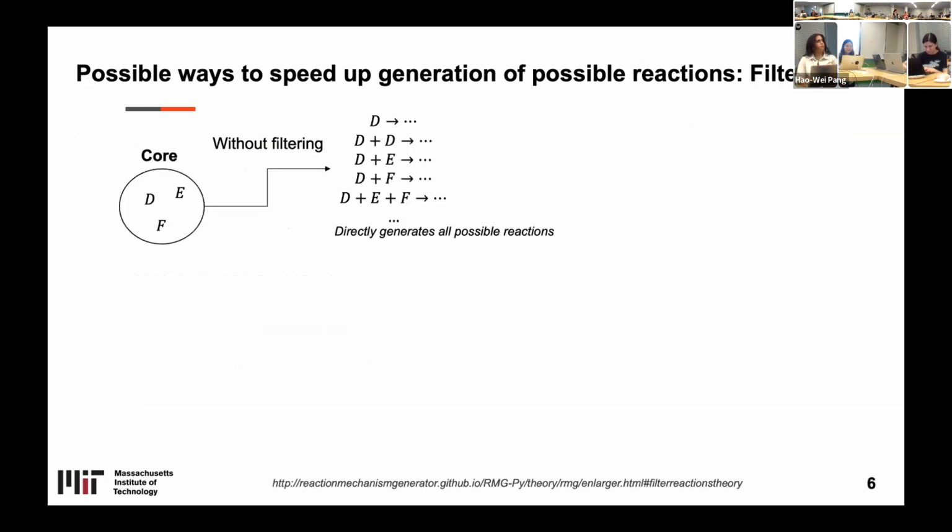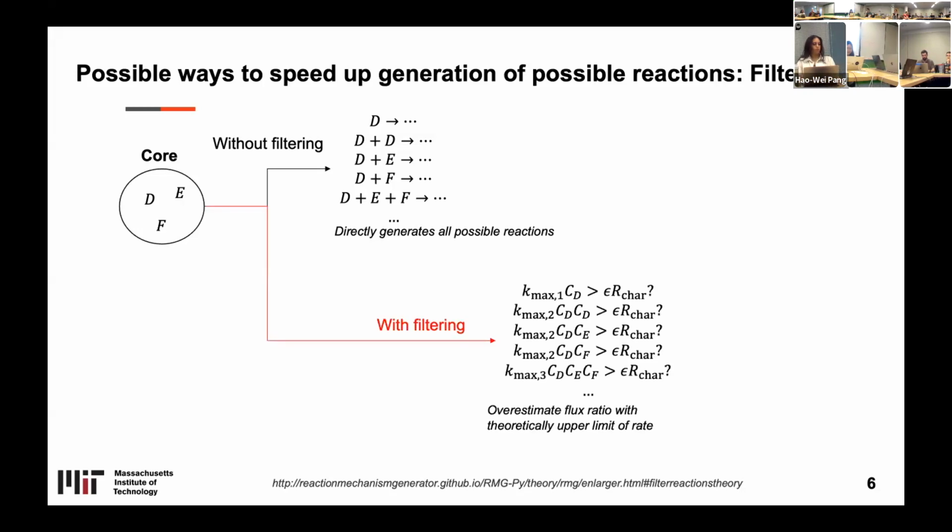The second way to speed up the generation of possible reactions is to use filtering. How does filtering work? First, let's look at a case without filtering. We have some species D, E, and F in the core, and without filtering, RMG will directly generate all the possible reactions.